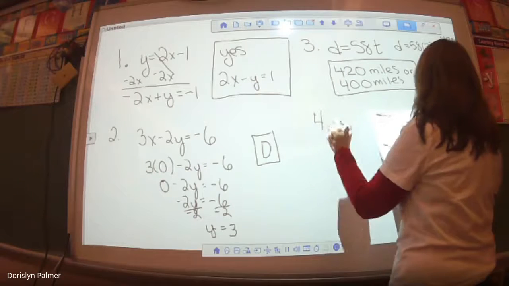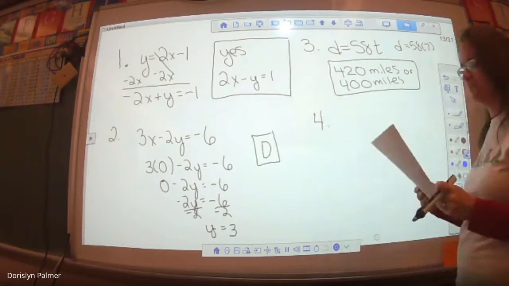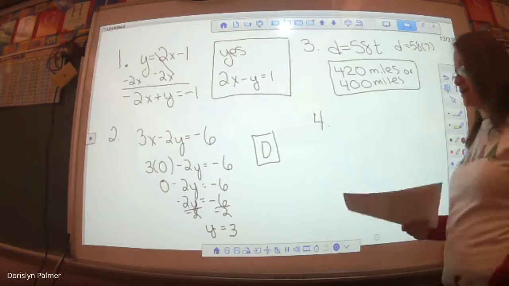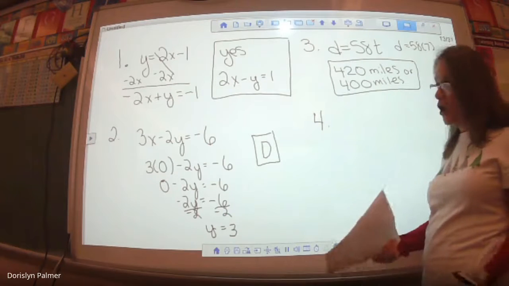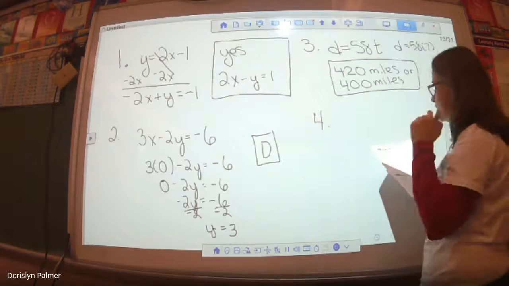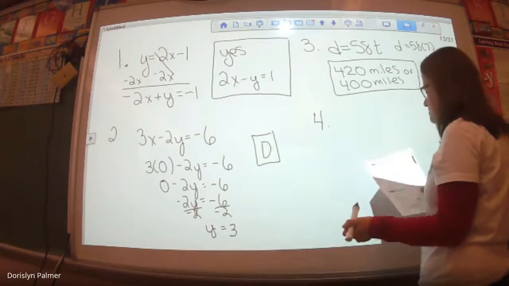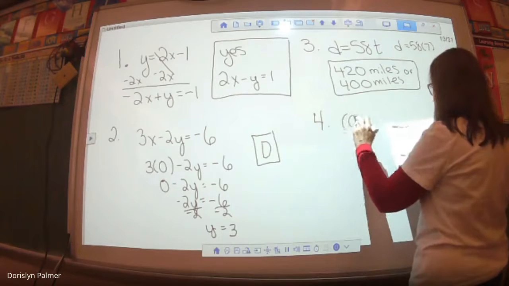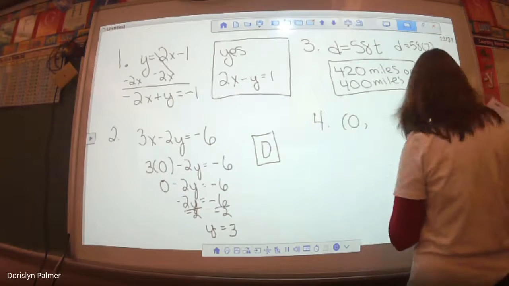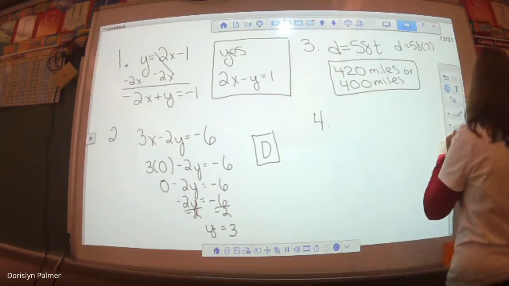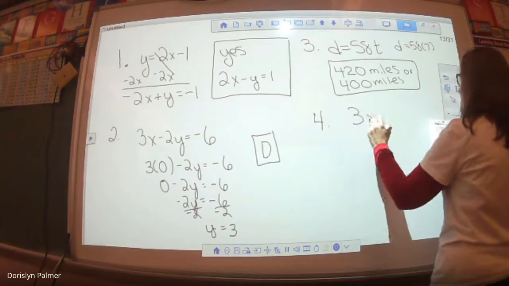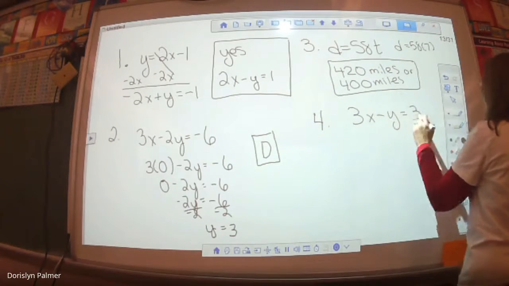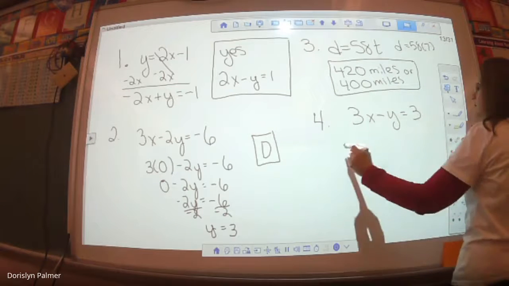Number 4, they wanted you to graph this. Okay. How am I supposed to graph it? Because we don't really know all the ways to graph yet, but the one way we know is I need to have at least 2 points. I'm going to use my intercepts. So when x is 0, I'm going to put in, let me write the equation first for number 4. Number 4 was 3x minus y equals 3. Okay, so I need to find 2 points.